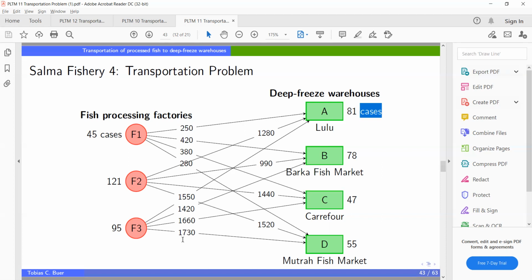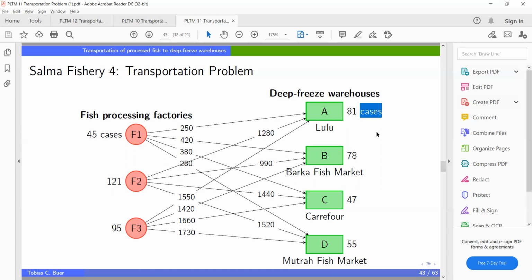It will cost us 1,730 Baisa. And now we have to decide how many cases we should send from F1 to A, B, C, and D, how many cases we should send from F2 to A, B, C, D, and how many cases we should send from F3 to A, B, C, D. This is the core of the transportation problem. And of course, we want to do this for the minimum cost.